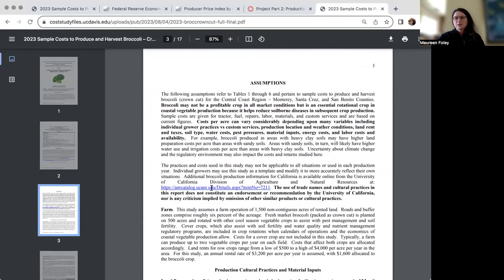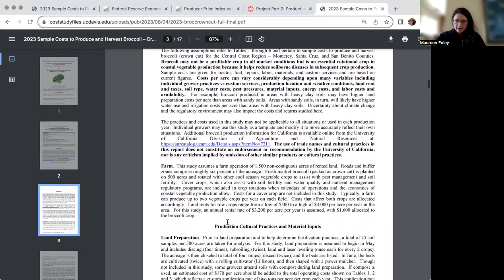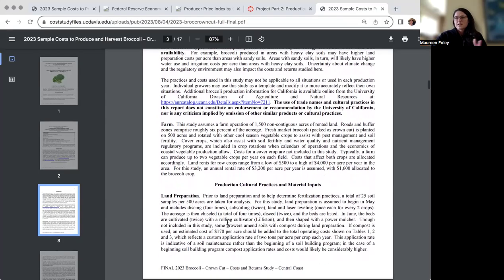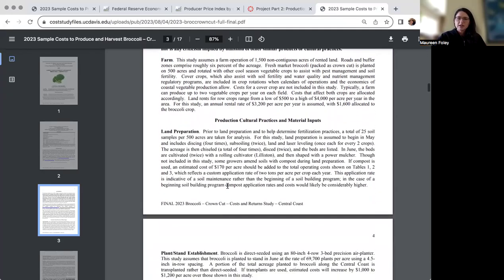And we all know that different operations have different ways of doing things and use different inputs and have different costs. So in order to give a baseline, the researchers are saying the costs and the returns that we've come up with through this study assume that growers are using these practices, these kinds of inputs, and working with this scale of farm.